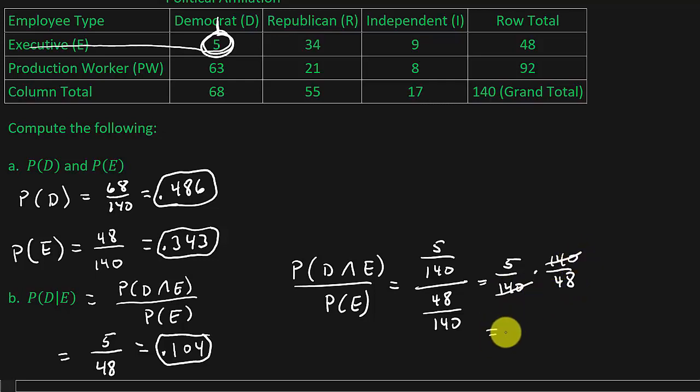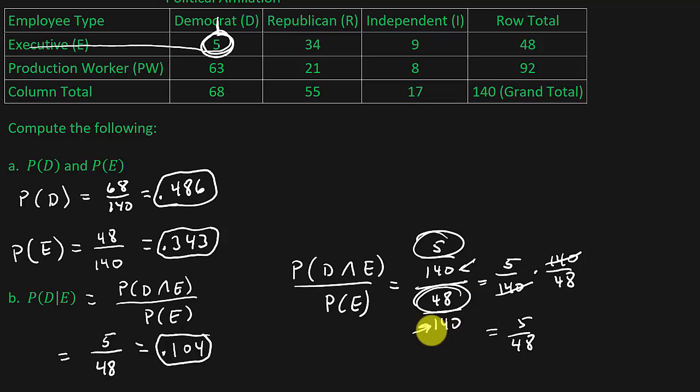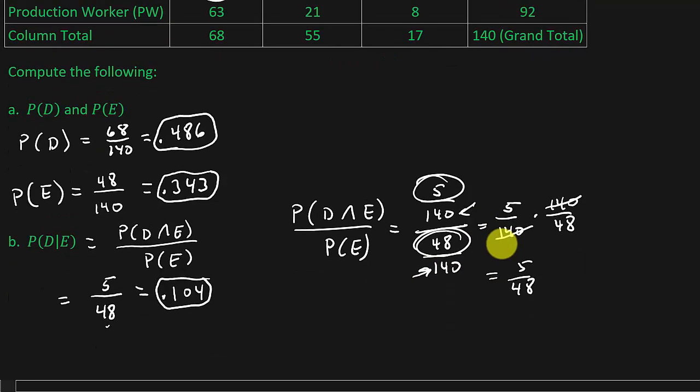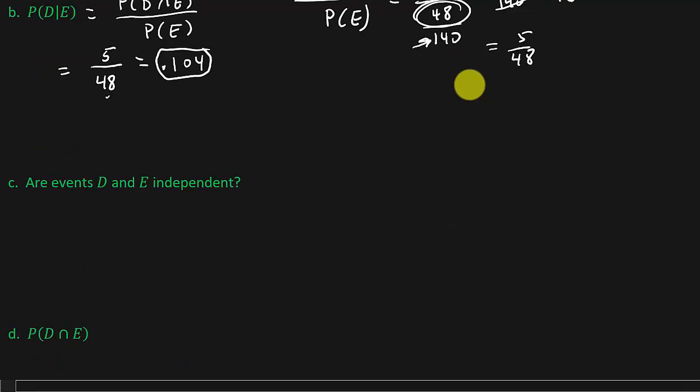And see how the 140s cancel out? That's all I'm doing. So basically I'm just writing what those numerators would be, because I know this denominator and this denominator are going to cancel out every time. So that's what's going on there. Okay? All right, next problem.